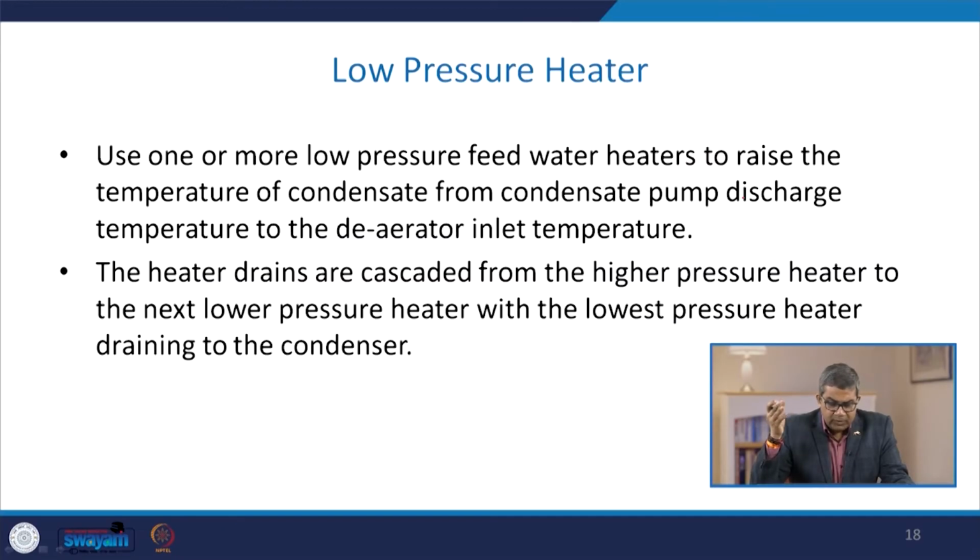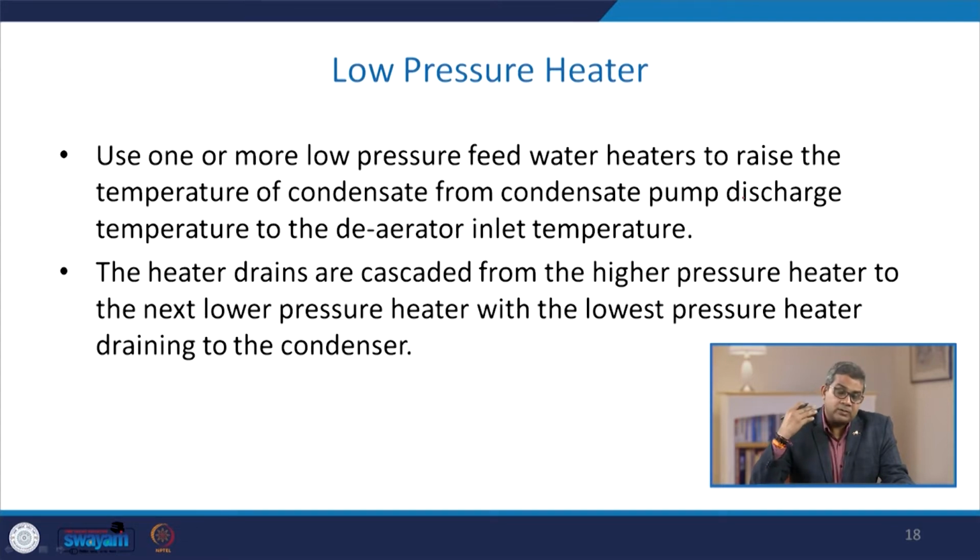Let us talk about the low pressure heaters, because we are using this term in so many ways. Use one or more low pressure feed water heaters to raise the temperature of condensate from the condensate pump discharge temperature to the deaerator inlet temperature. The deaerator is used to eliminate the entrapped air in the feed water line, because this entrapped air has no heat value.